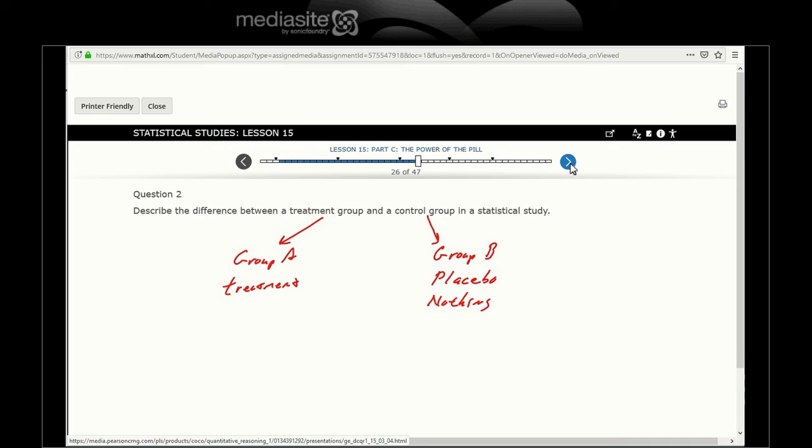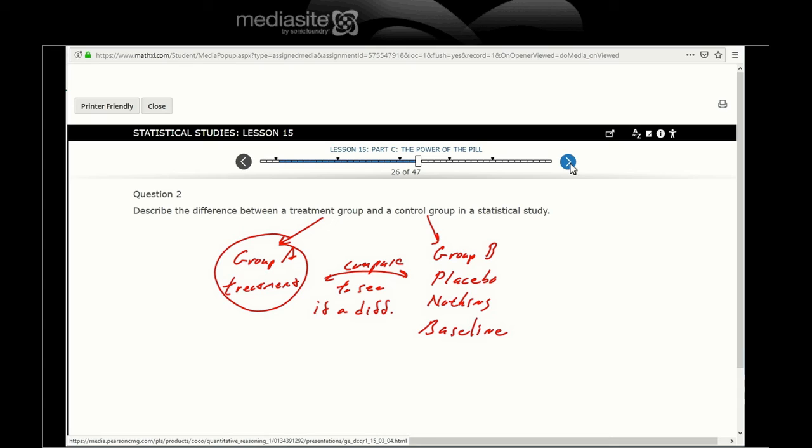Basically, this is kind of like a baseline. We need something to compare the treatment group to, to see if a difference occurs.